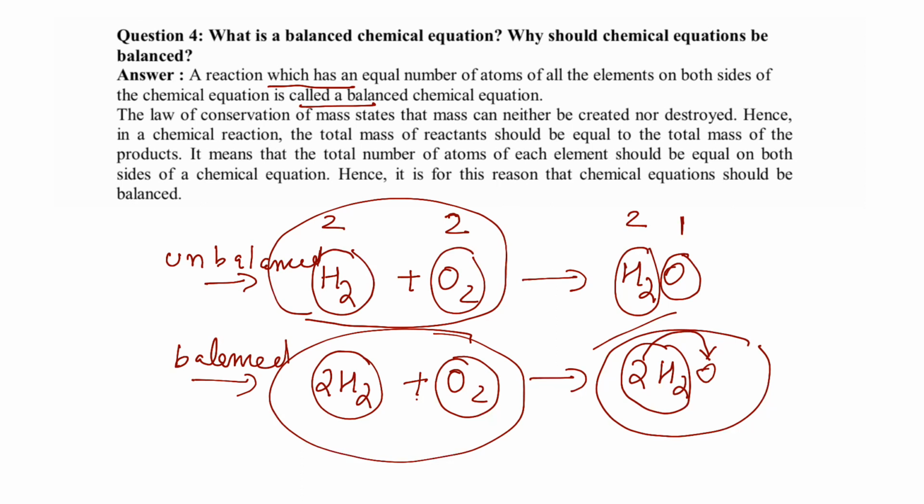For that, the number of atoms on the reactant side must be equal to the number of atoms on the product side. If the atoms are different, the mass will also be different, and then it is against the principle of conservation of mass, not energy. Got it right?